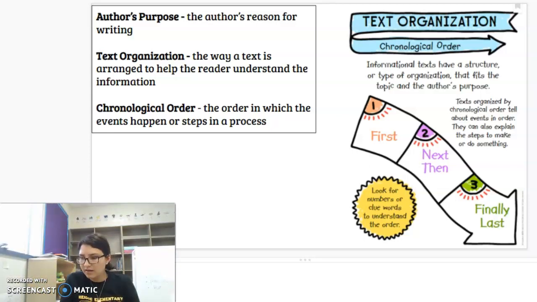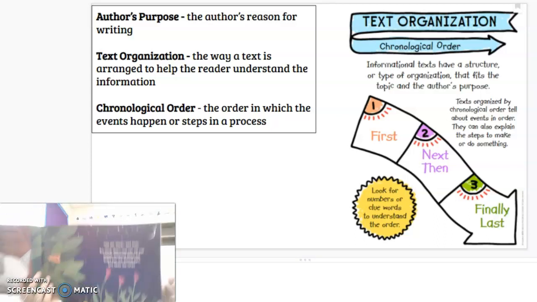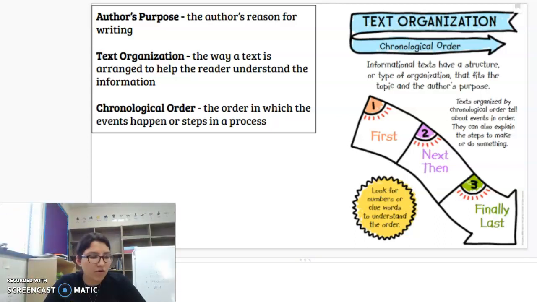And then it goes to even later at night. Okay? So the order of this book, it starts off with evening, gets a little bit later, then a little bit later, and then a little bit later, right? There's an order in which the story is happening. And it's done that on purpose because the author wants it to start off with it being not super late, but getting to be late. Because the author's trying to explain to us about light and dark.